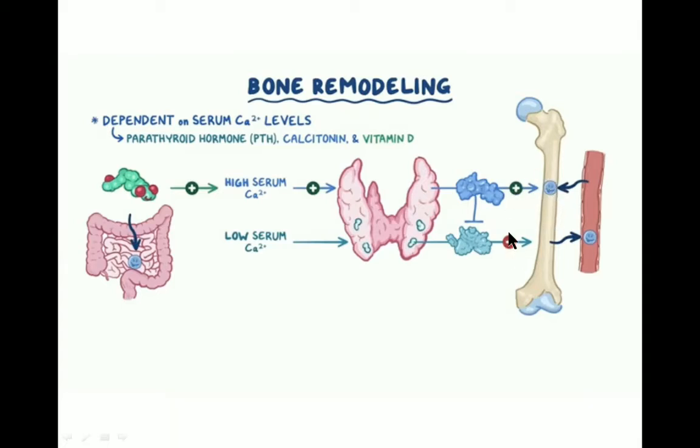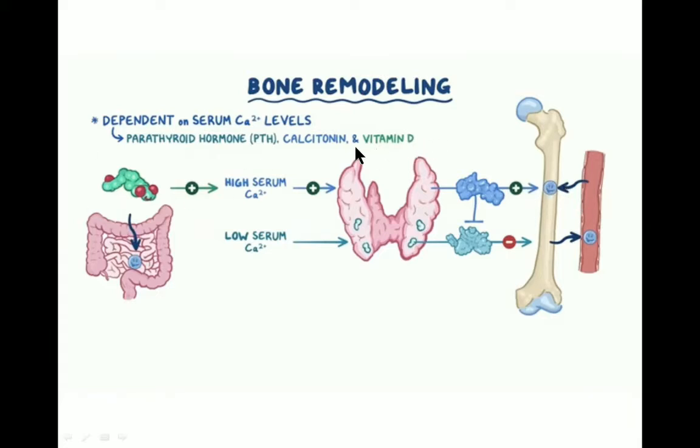So that's how it is balanced: parathyroid hormone increases resorption, which releases more calcium in the blood, and calcitonin, produced by the thyroid gland in response to high serum calcium, inhibits resorption and stimulates bone formation.